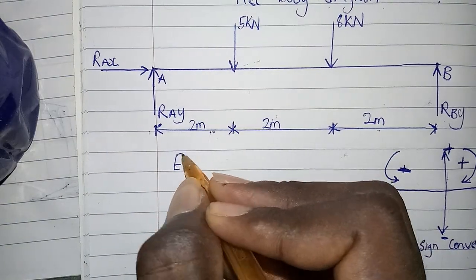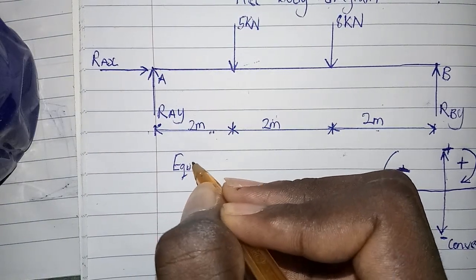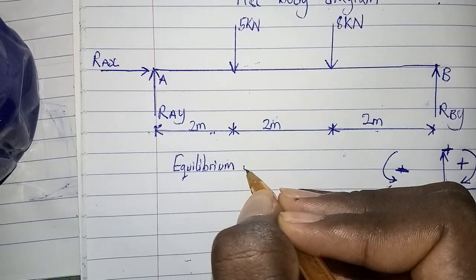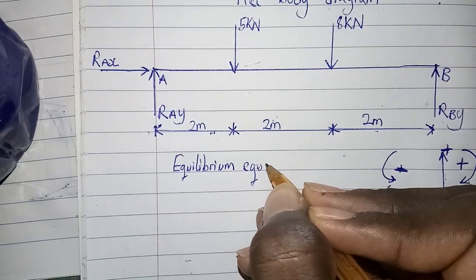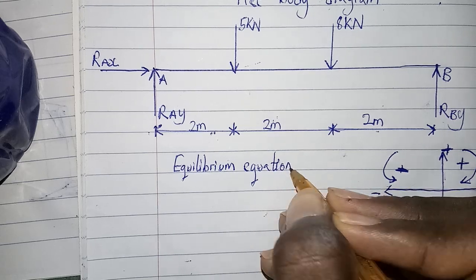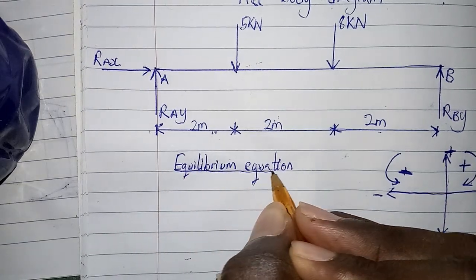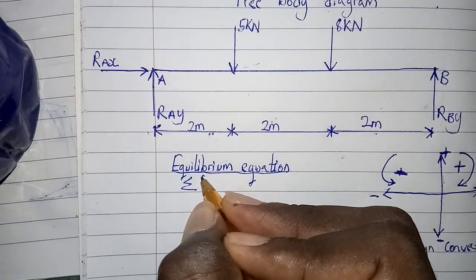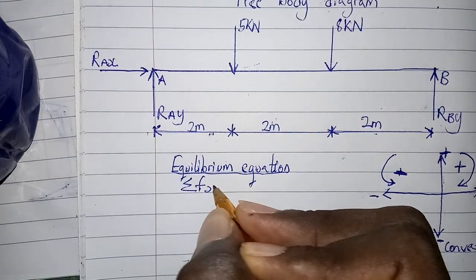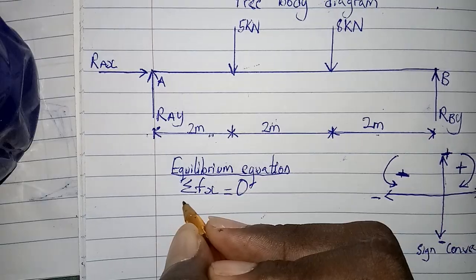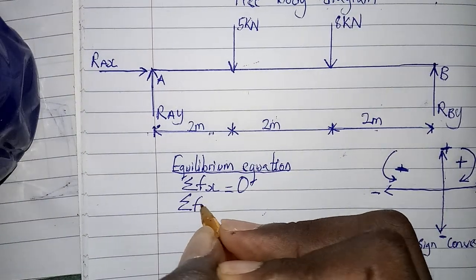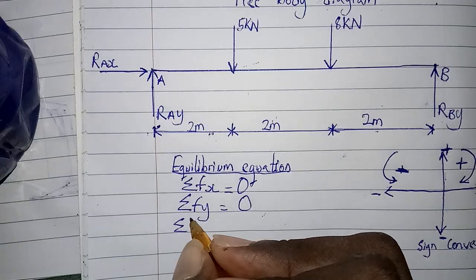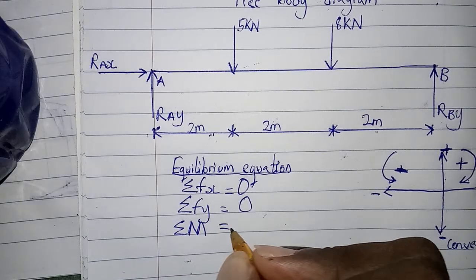The equilibrium equations should be: sum of forces in the horizontal direction equal to 0, sum of forces in the vertical direction should be equal to 0, and sum of moment about a point should be equal to 0.